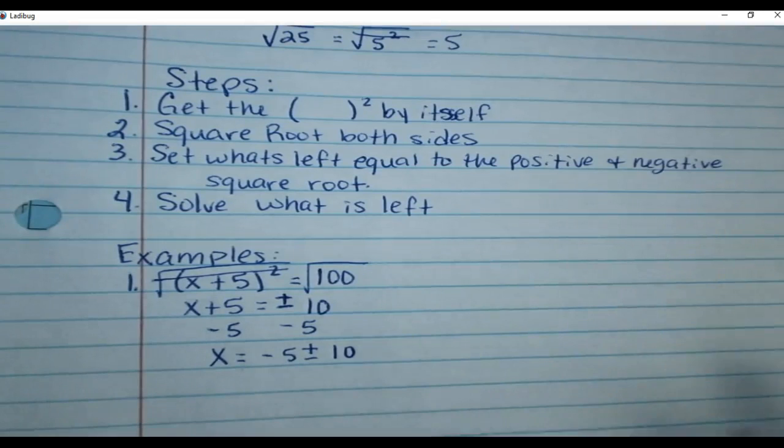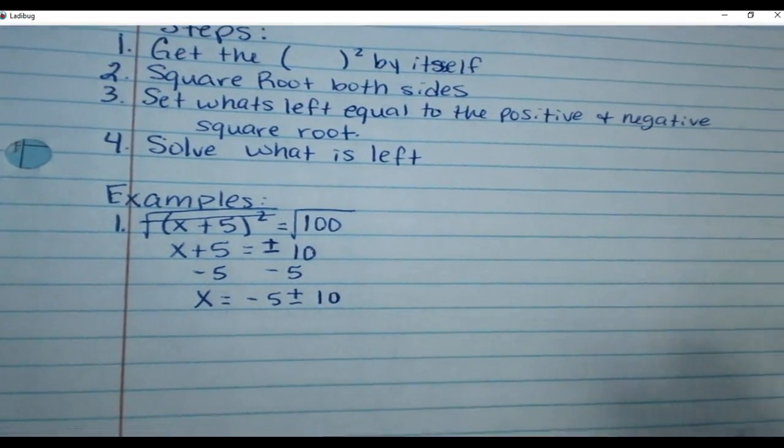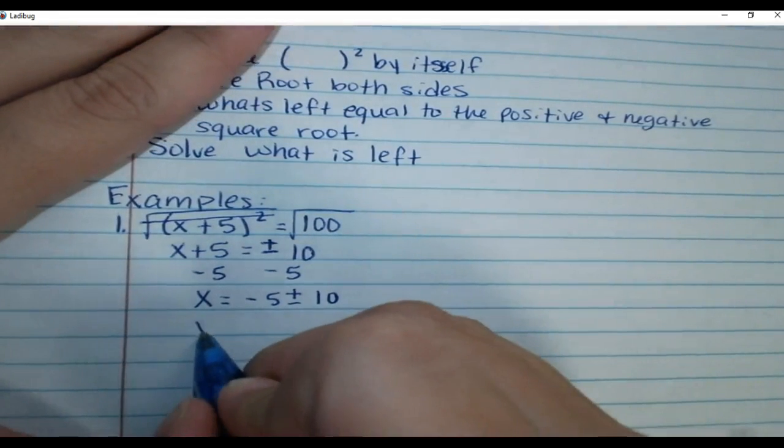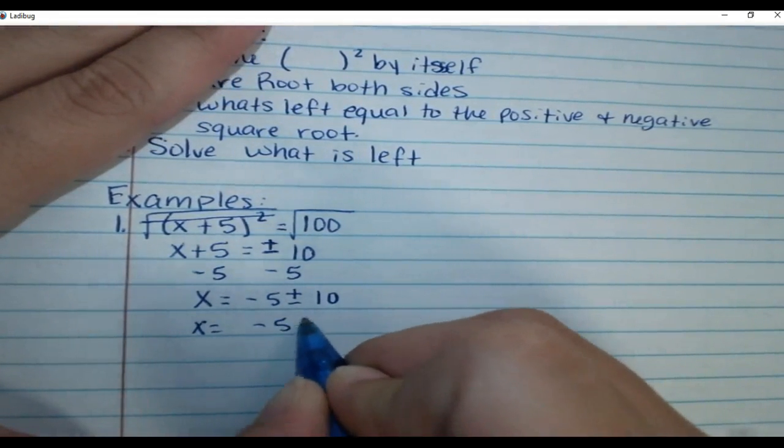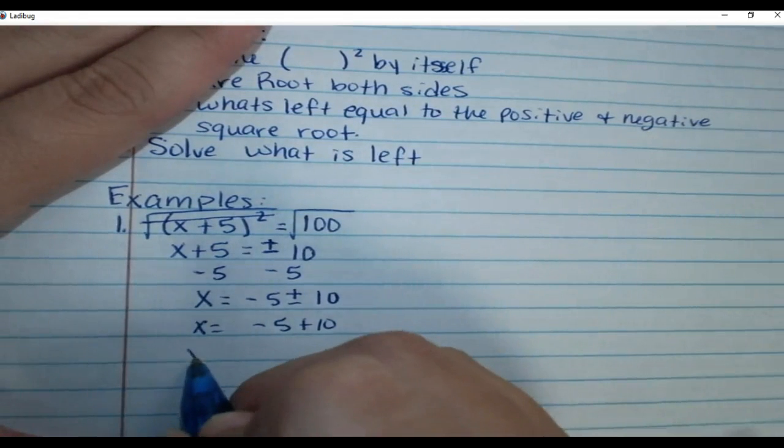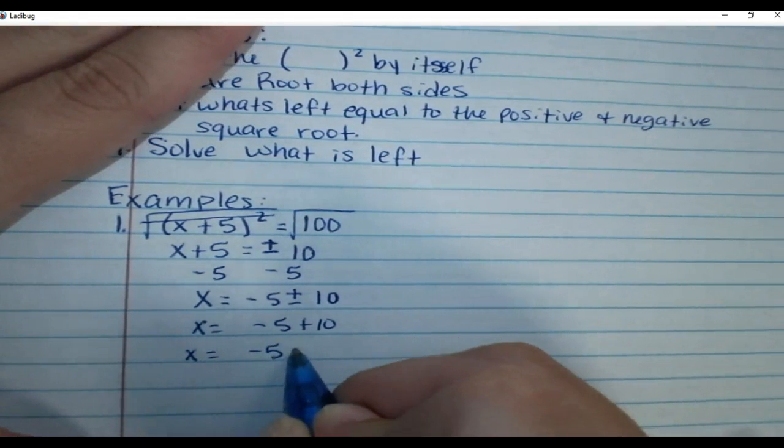Okay. So now it looks like what it's been looking like when we were doing quadratic formula. So then we look at it, and can we simplify it again? Yeah, because we can do the adding and the subtracting. So then we can split it and say x equals negative 5 plus 10 and x equals negative 5 minus 10.